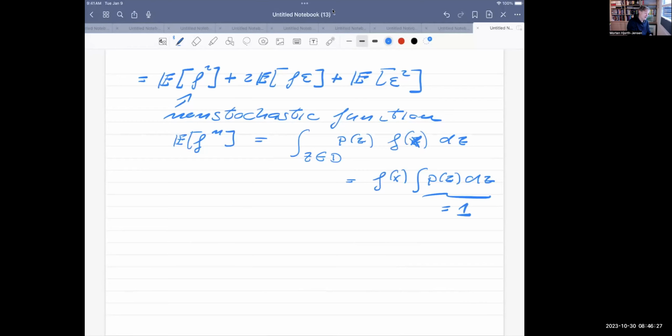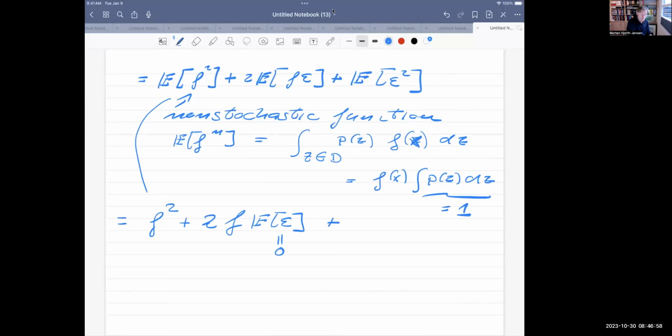So the first term which we have here is something which we can just write out as f squared. And then we have plus 2, and f is again not dependent on the probability distribution which we are studying. And this is now given by epsilon. We know that epsilon is something which we have defined to be equal to 0, the mean value of epsilon. It's a normal distribution with mean value 0.